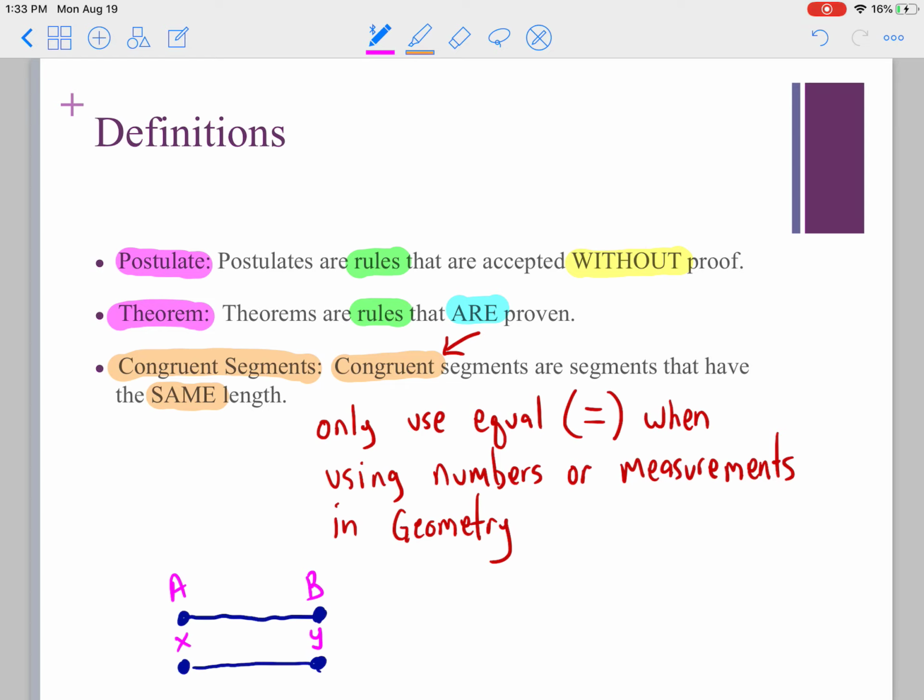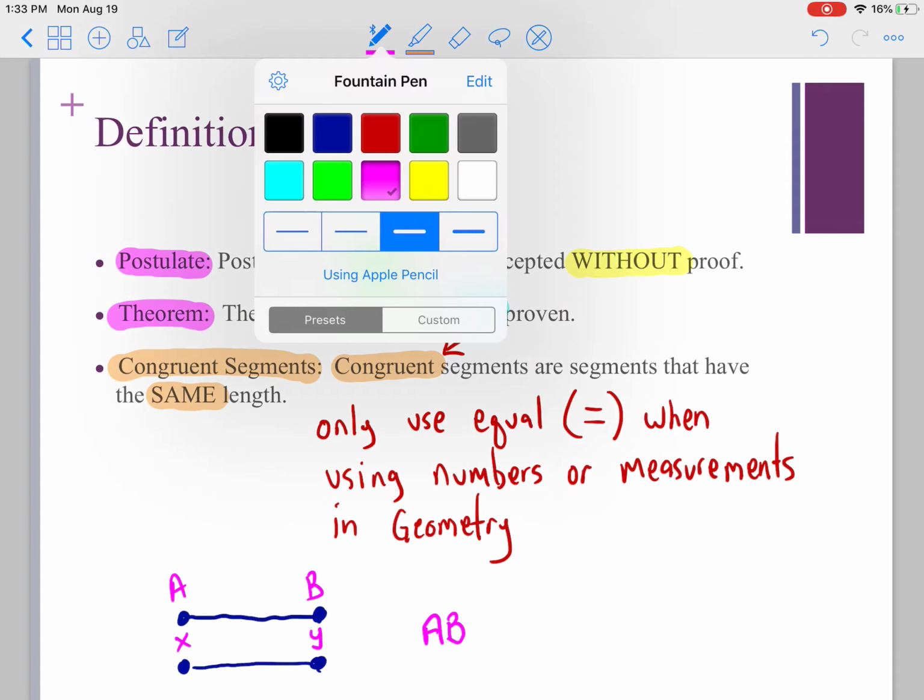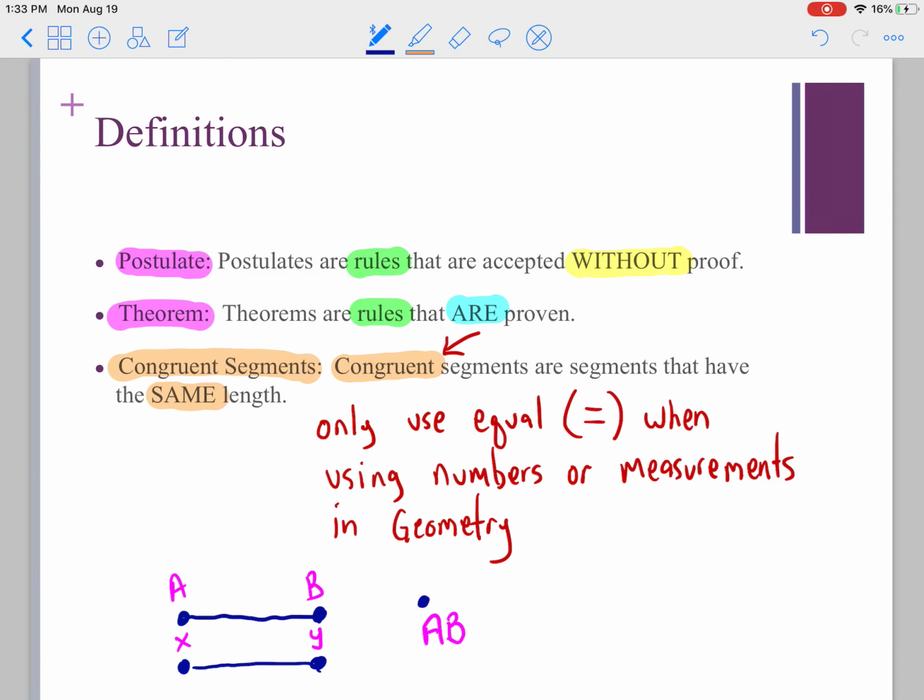Okay, so I'm referring to the segment itself. Now, if I want to write this in a notation that shows that they are congruent segments, first of all, we have to write our segment names. And if you recall from Unit 1.2, a segment has the 2 endpoints in its name, with the endpoints in the mathematical notation.